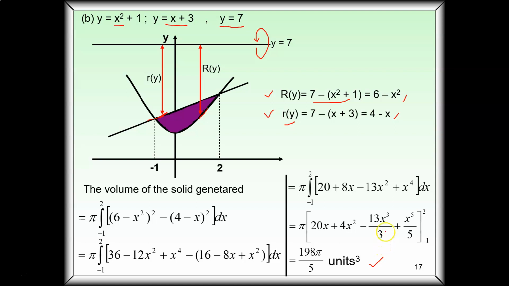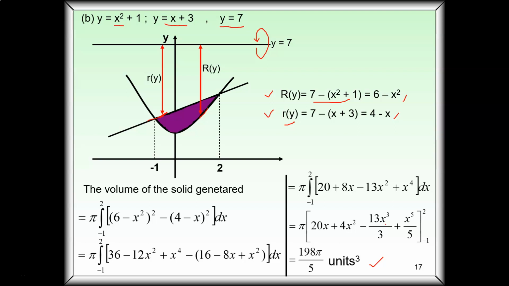So I guess that's all about the volume for chapter 7. So we have covered all together the areas and the volume. For the area you have 3 cases. For the volume as well you have 3 cases.